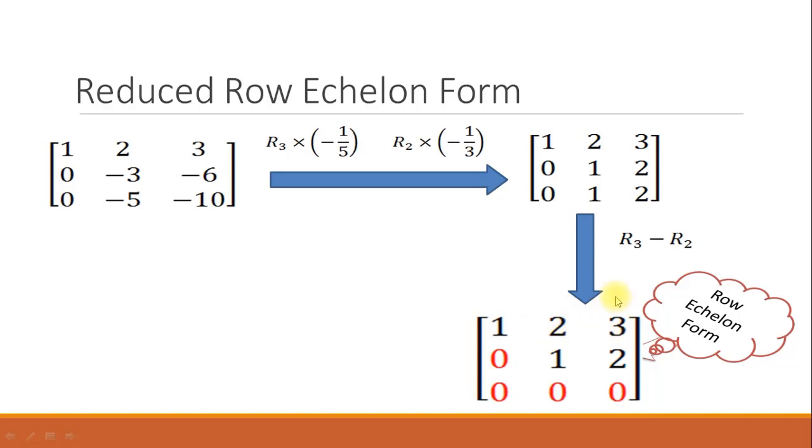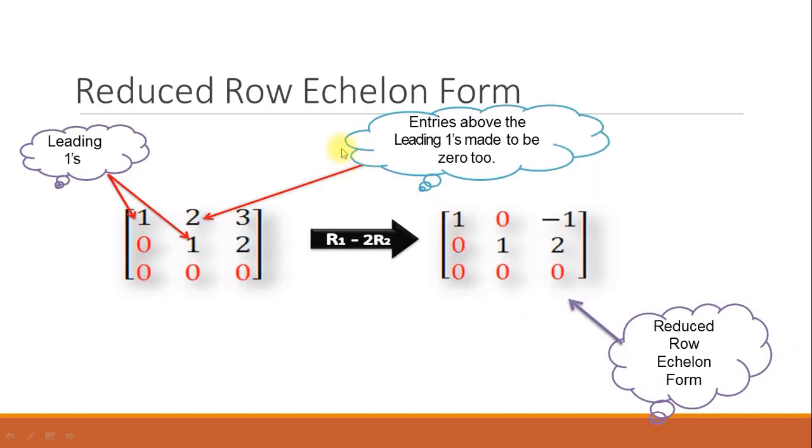Now the reduced row echelon form. In this first row this is the leading one and all other entries in this column are 0, and in this row this is the leading one, but all other entries in this column are not 0, 2 is not 0, so we want to make this number 0.